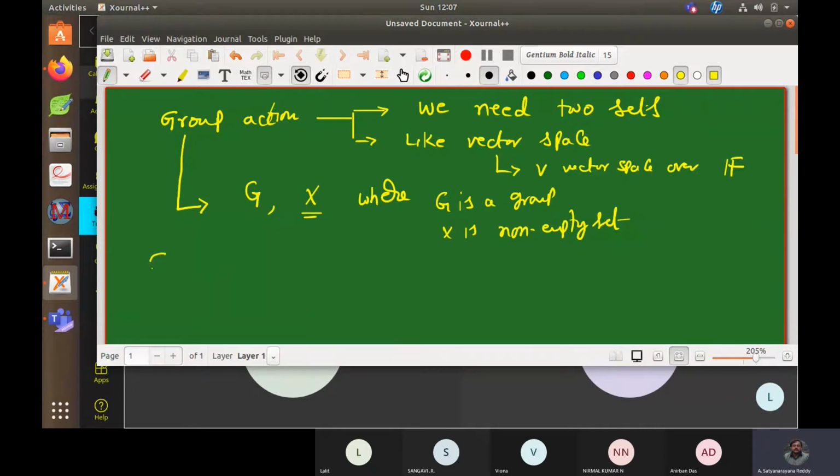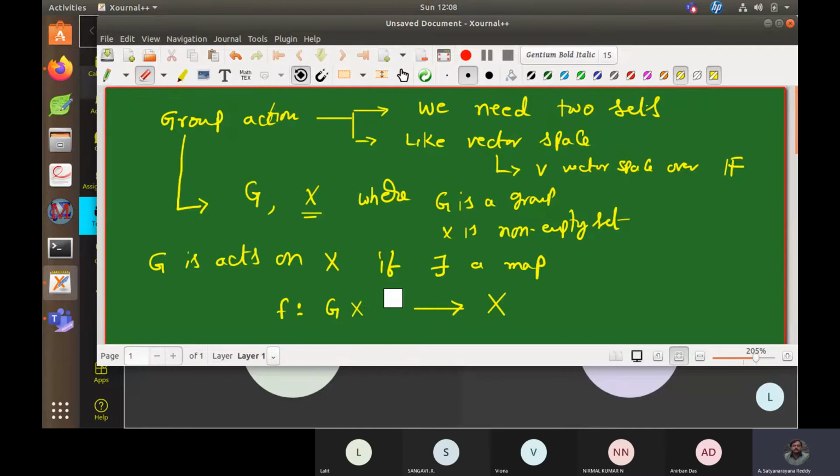So now G acts on X if there exists a map F from G cross X to X. So there exists a map.